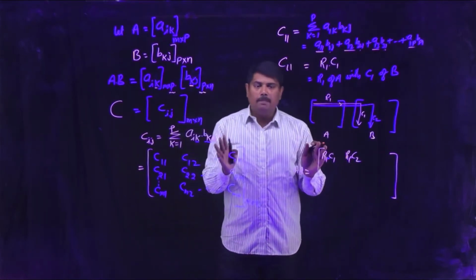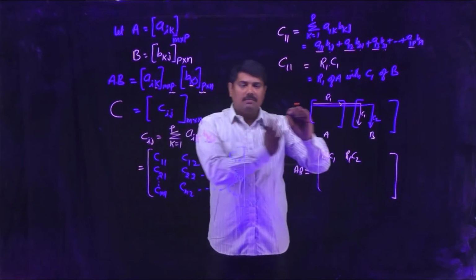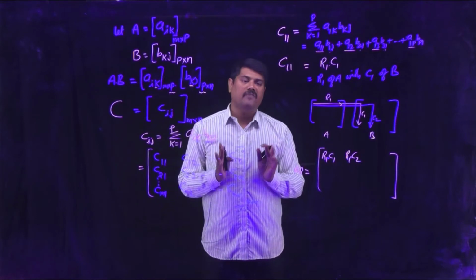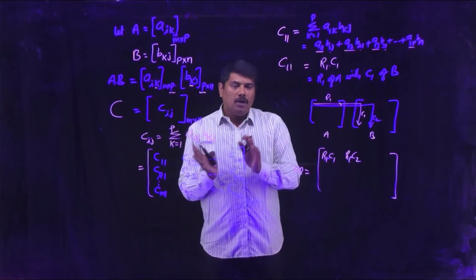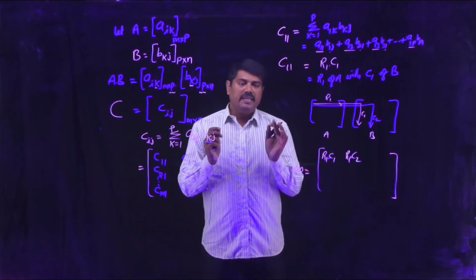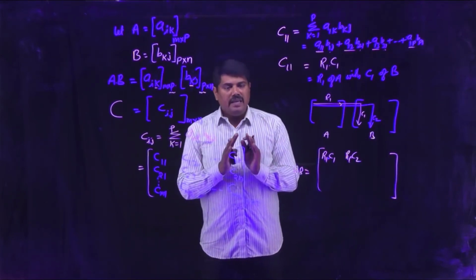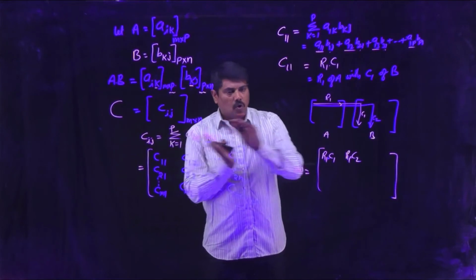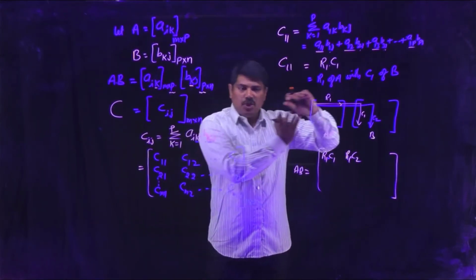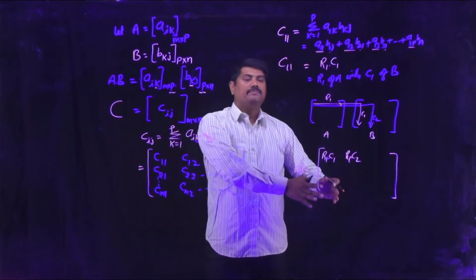Remember one point: rows are not multiplied with rows in multiplication. This is a very important point for everyone. Multiplication is not row to row; you have to multiply a row with a column.